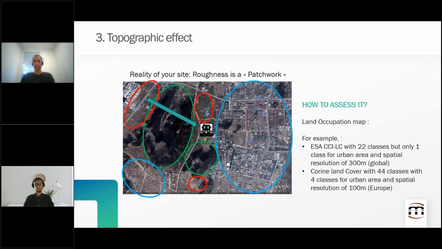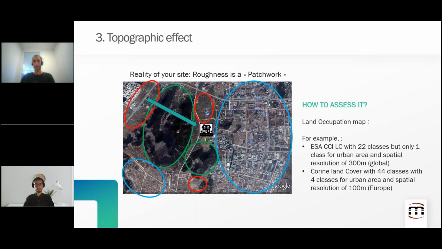If you want to transfer wind data from the airport, on the top left corner, to your site represented by the house, you have a lot of land occupation. You have a forest, open country, a city. So you need to take into consideration this kind of patchwork.